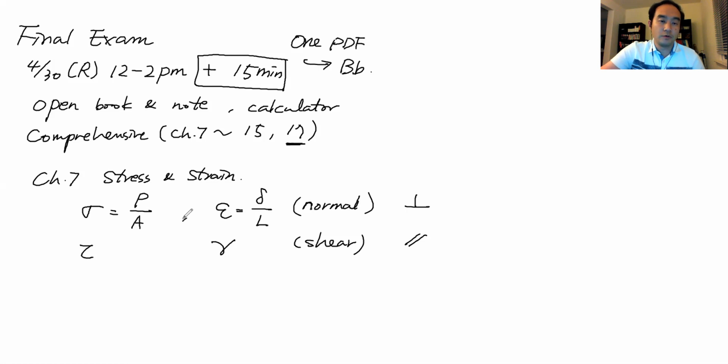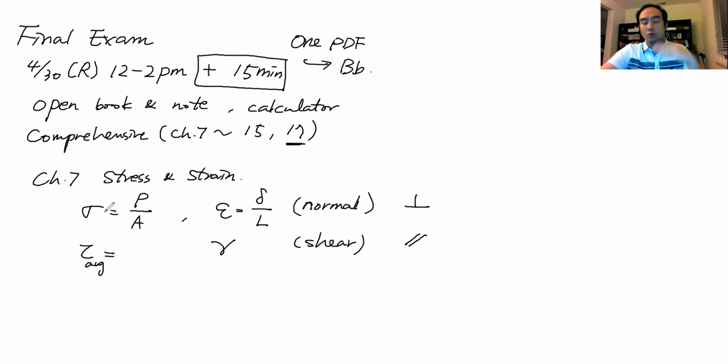So we talked about the normal stress and normal strain. Tau is the shear stress, and we always put the average sign for tau. The reason is because sigma equal to P over A is also an average value, except in the case that the force is very close to the edge of the member.